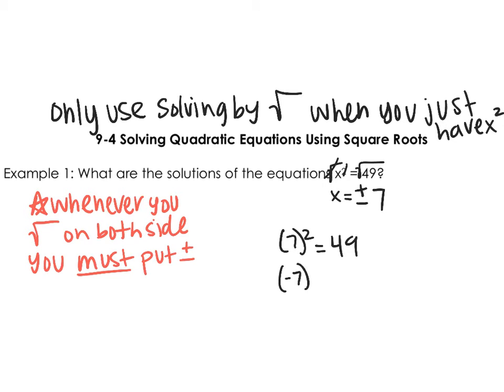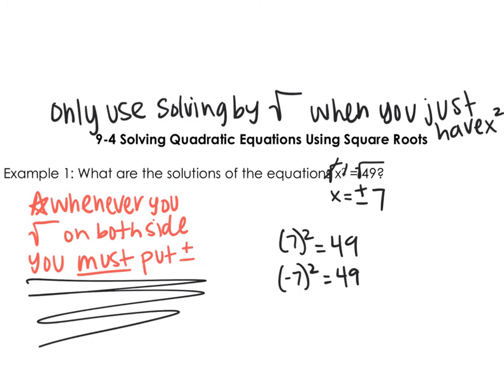Same thing, negative 7 squared means negative 7 times negative 7, that would also equal positive 49. So that's why this point over here of putting that plus and minus is super important. Whenever you take a square root on both sides of your equation, you are going to have to put a plus or minus symbol.